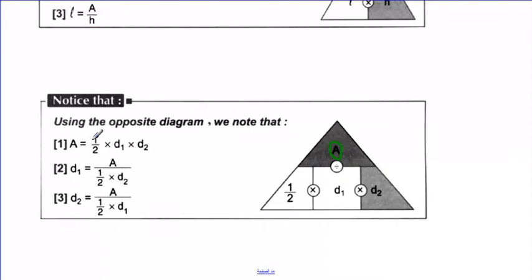And d1 will be equal to area divided by half d2, or I can write it as 2A divided by d2, or 2A divided by d1. The same rules.